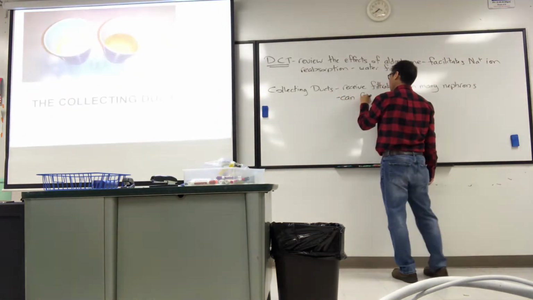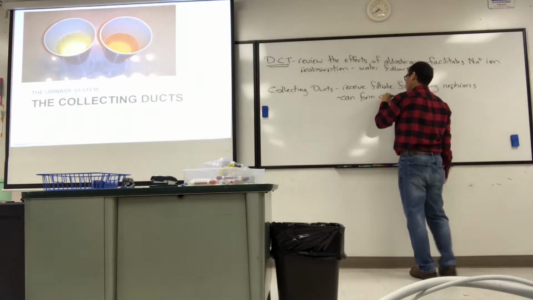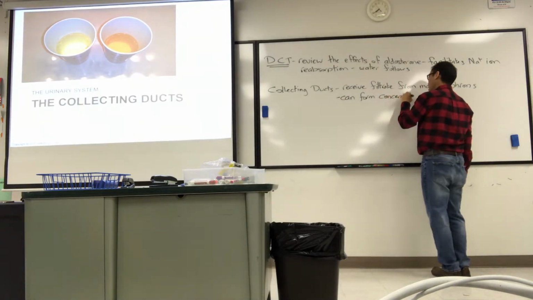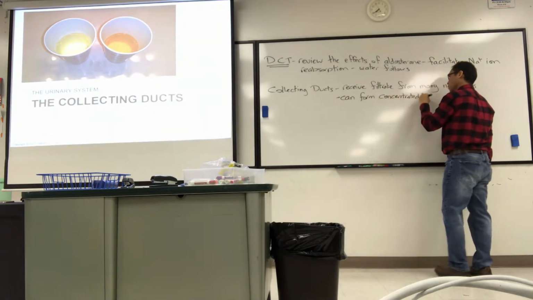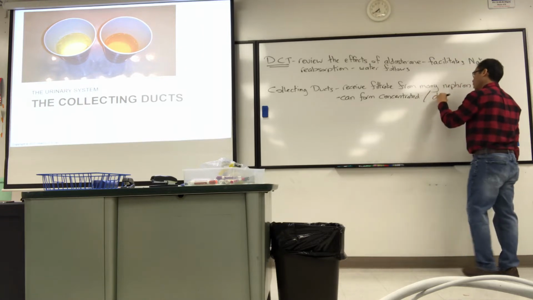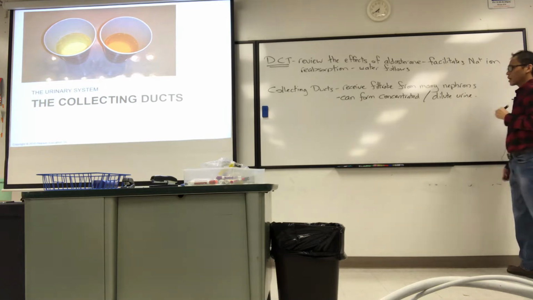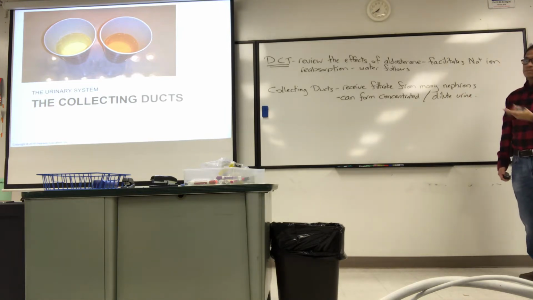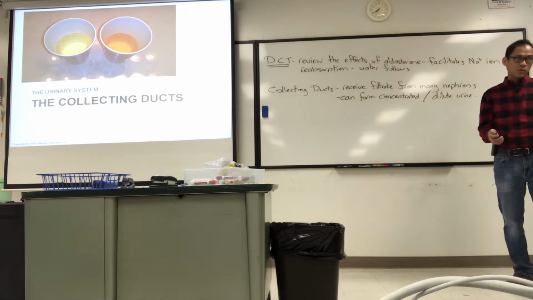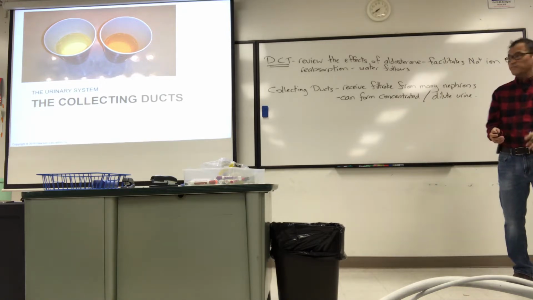Can form concentrated or dilute urine. So what happens is concentrated urine, well, it's obviously by the color, it's more concentrated, but the volume that's produced is much less.